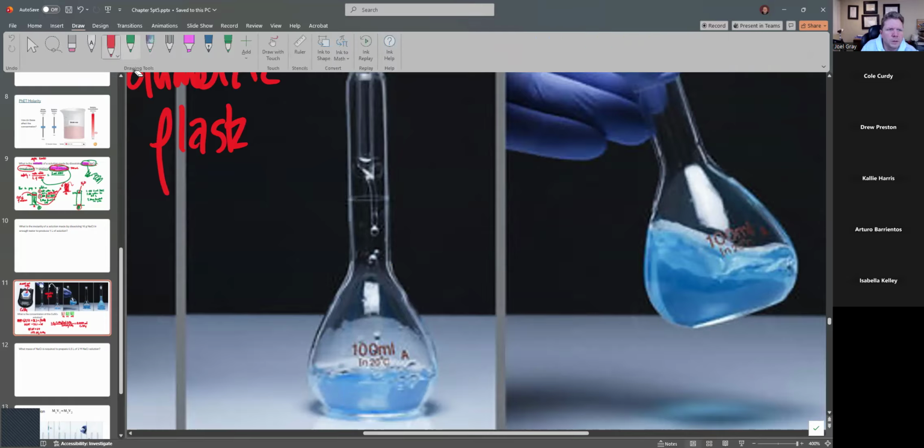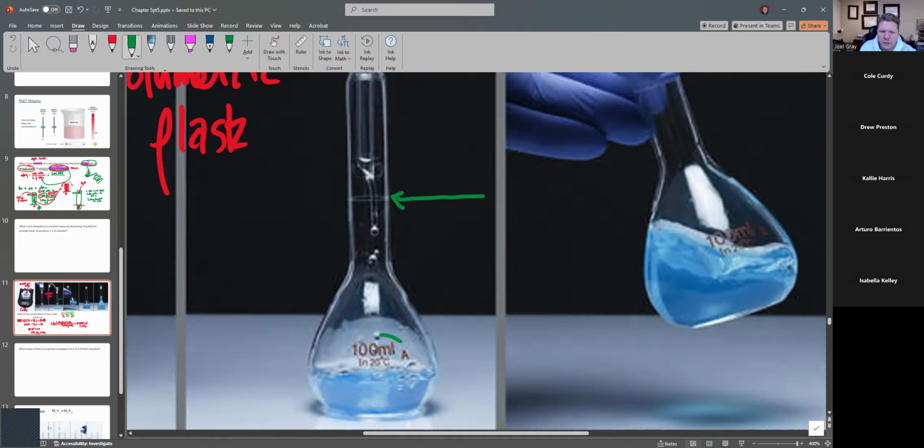I'm pointing to an etched line on the neck of this piece of glassware. Can you give me a 3 if you can see that, or an S if no, I can't see it? Okay, great.